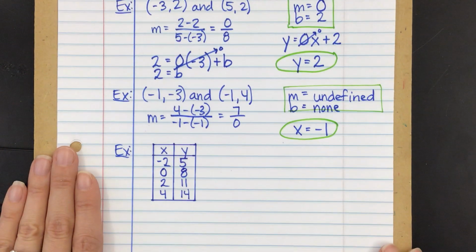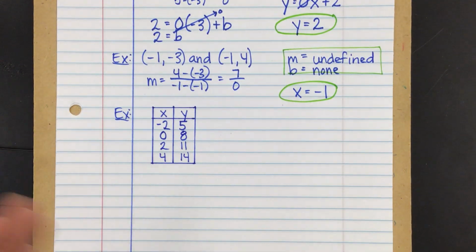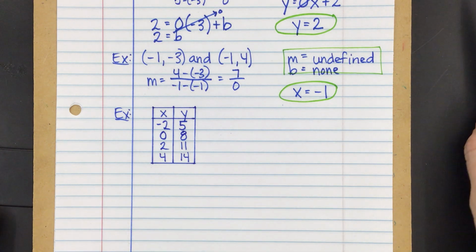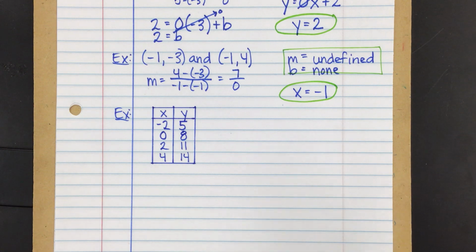Okay, so we're assuming this table represents a linear relationship. So you can pick any 2 points out of that table, and you'll be able to find the equation of the line.